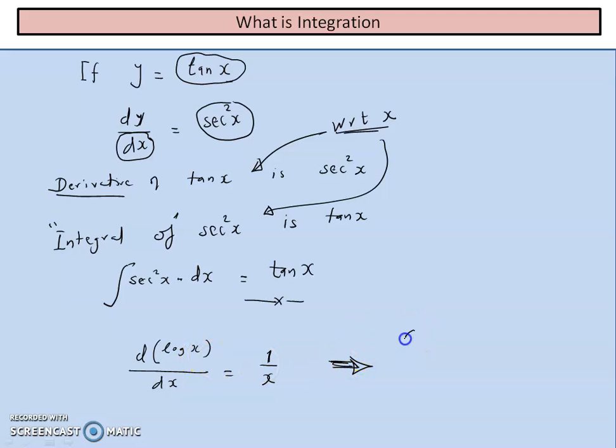So integration of 1 upon x with respect to x, meaning I write 1 in the numerator, will be nothing but log x. Understood children? Just pause the video and have a look at this.